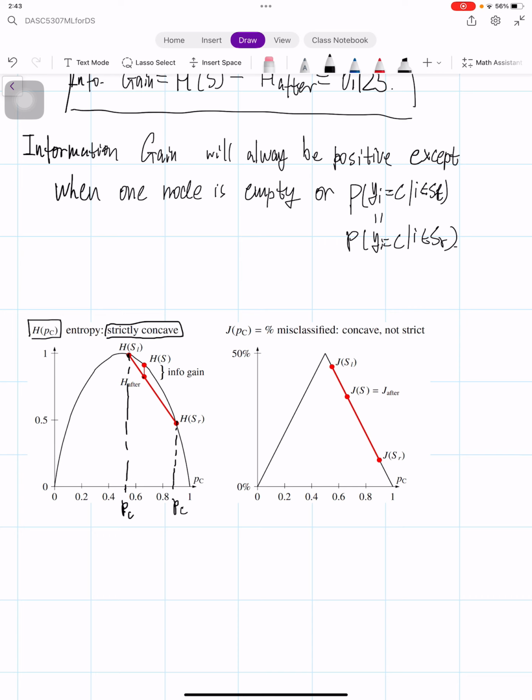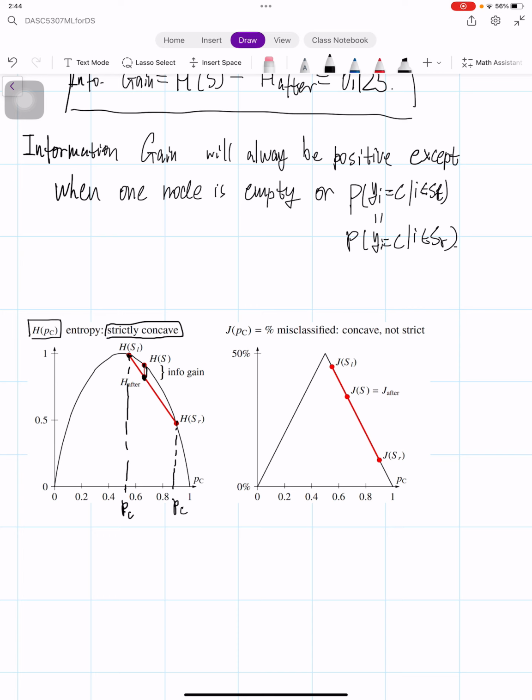Okay, and the weighted average will be a point lying on the line connecting these two points, and because the entropy is strictly concave, this point will always be below the entropy before the split. The interior of the line segment is strictly below the curve.